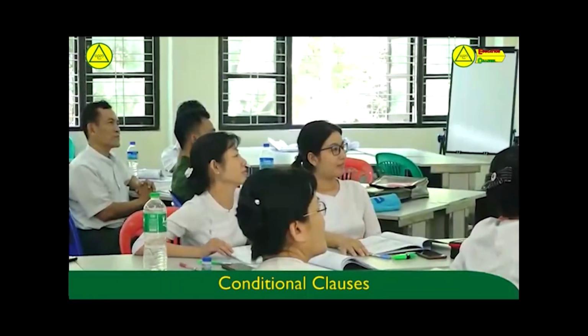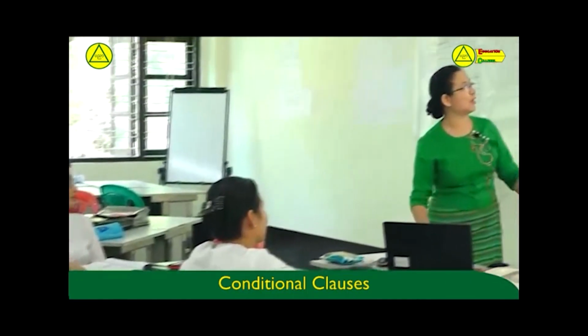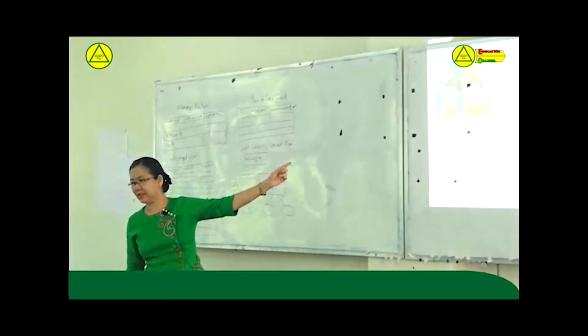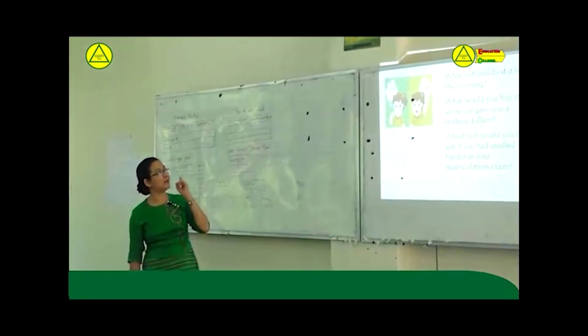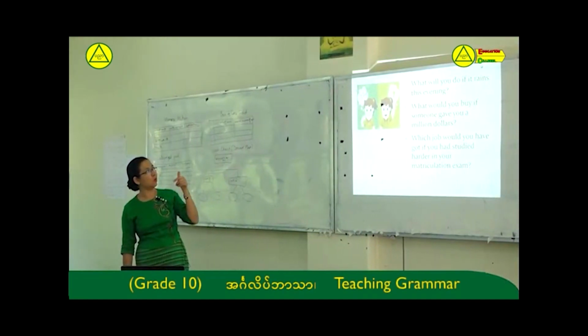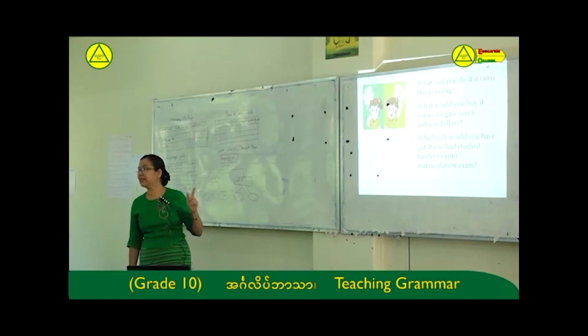When we look at these questions, you can see there are two parts in the questions. In the first question, how many parts are there? Two parts. The first part is, what will you do? The second part is, if it rains this evening.